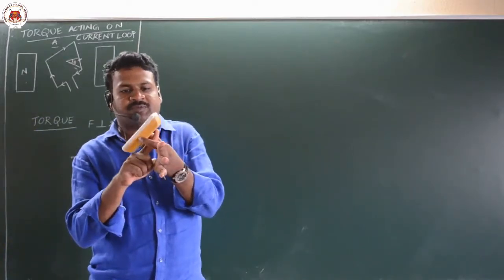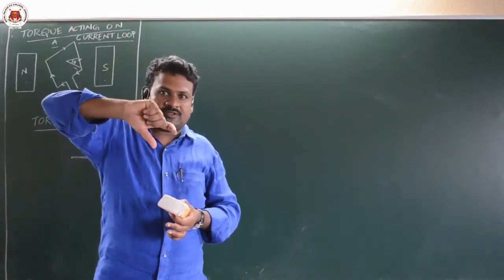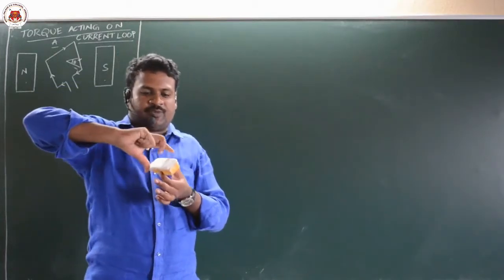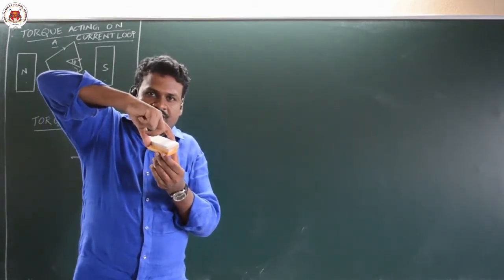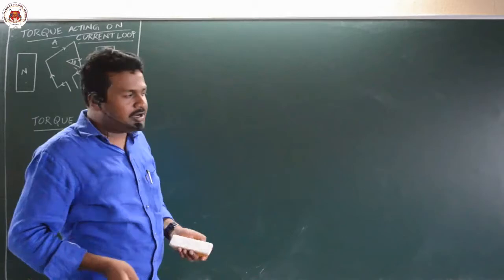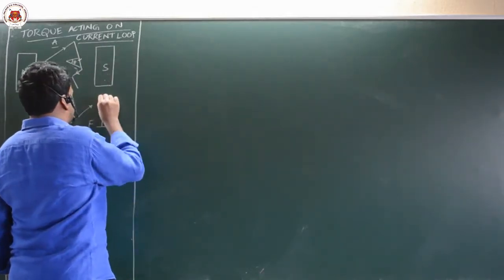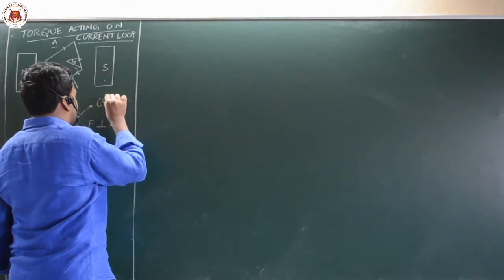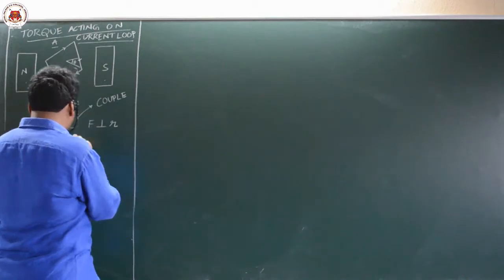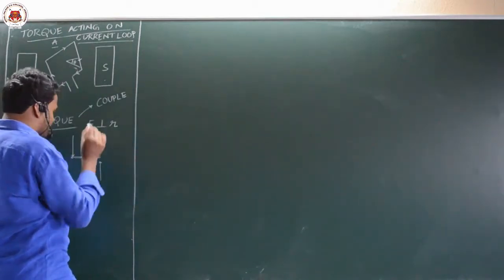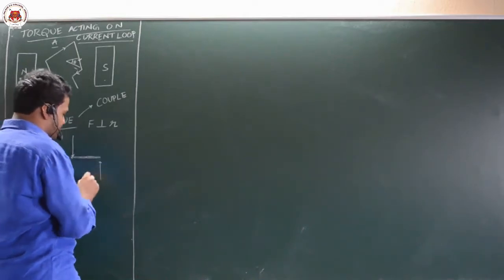If two torques are acting on a body at the same time, just like opening a tap or the cap of a bottle, two equal and opposite forces are applied. It is called a couple. When two equal forces act in opposite directions and produce a turning effect, the body will turn.